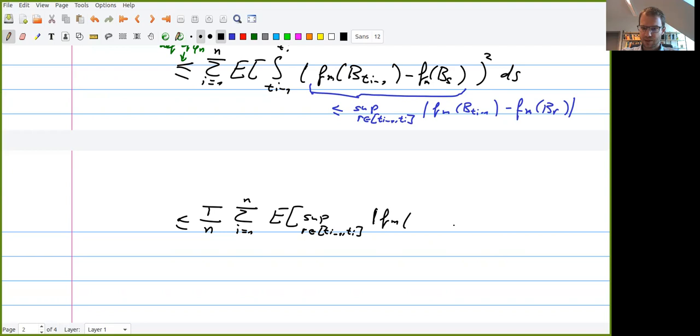So I just take the blue line and put it here. And I forgot a square. Here we go.